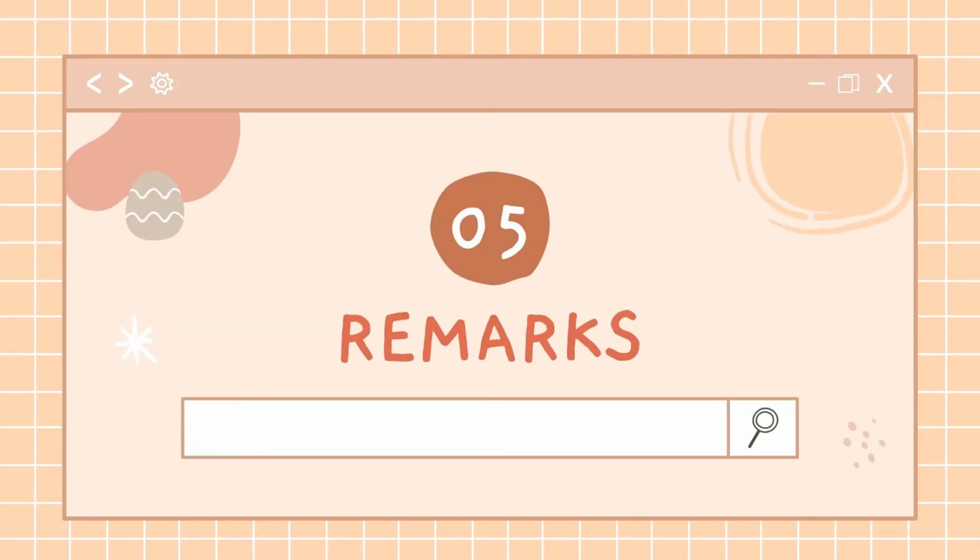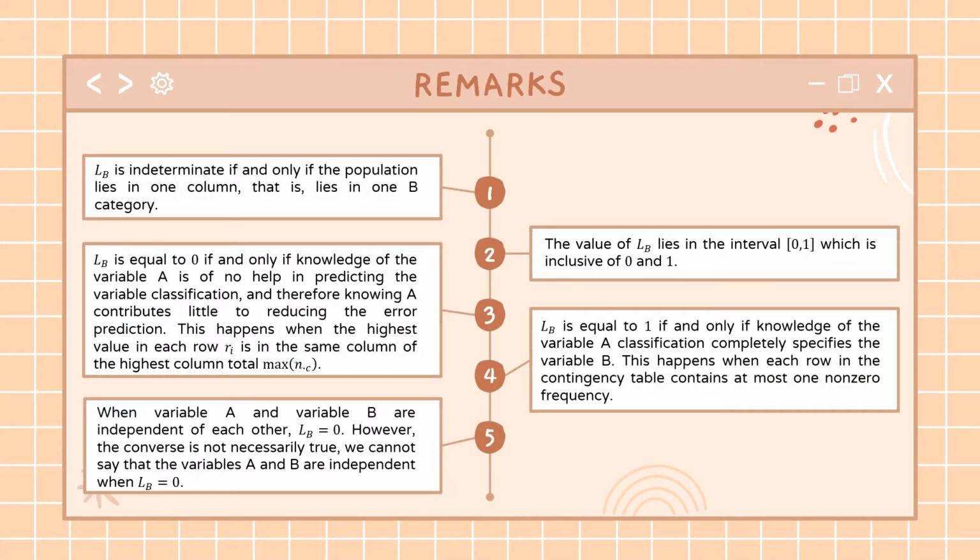For the remarks, first remark, Ls of B is indeterminate if and only if the population lies in one column. That is, lies in 1 B category. Kasi, ang magiging assumption natin dito ay yung N total.